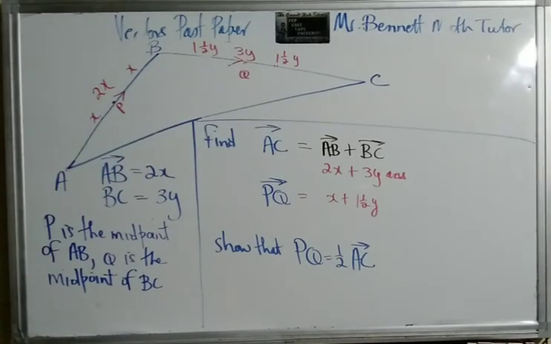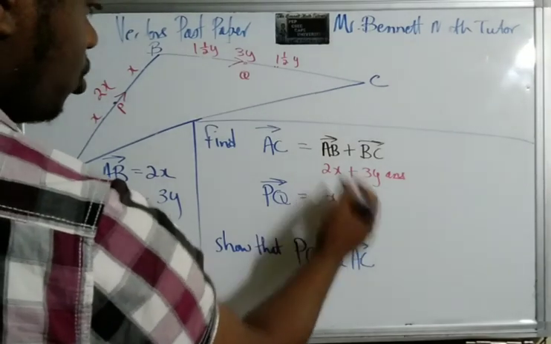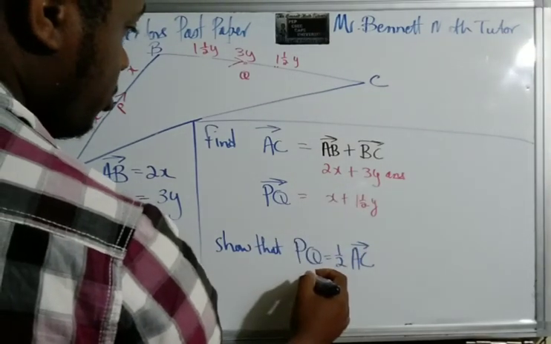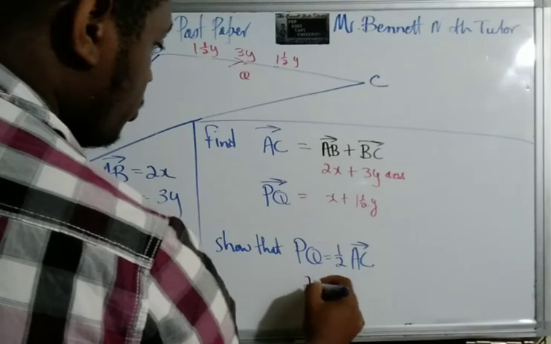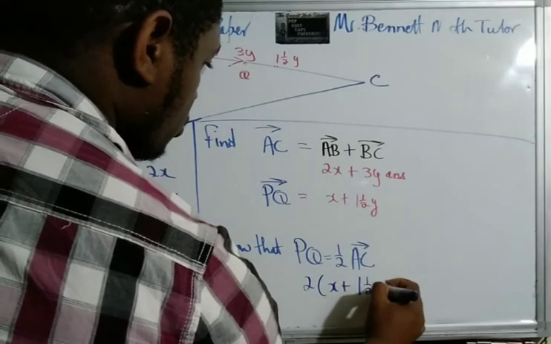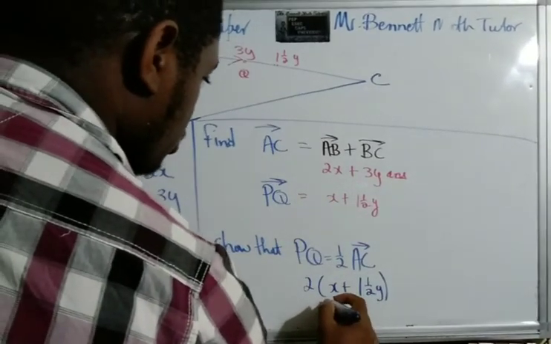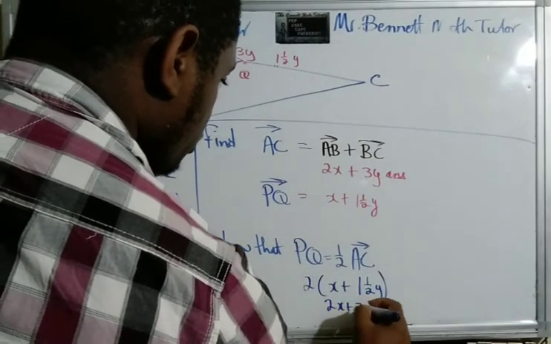Alright. So it's already proven, because look, if we multiply PQ by 2, we get this. So it's 2x plus 3y.